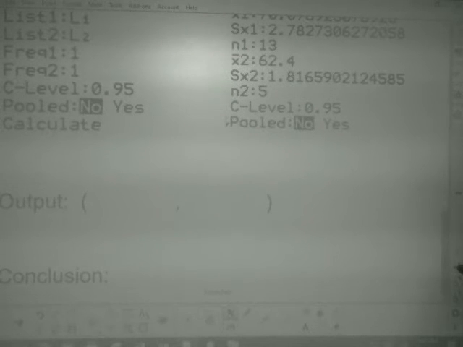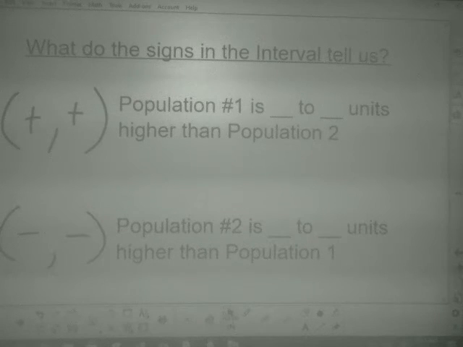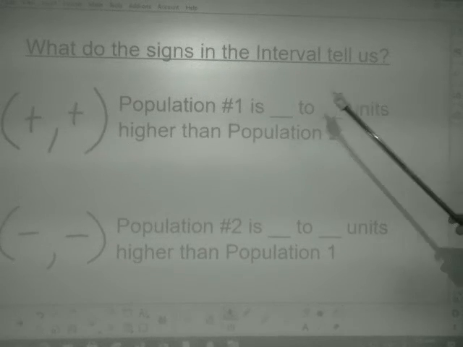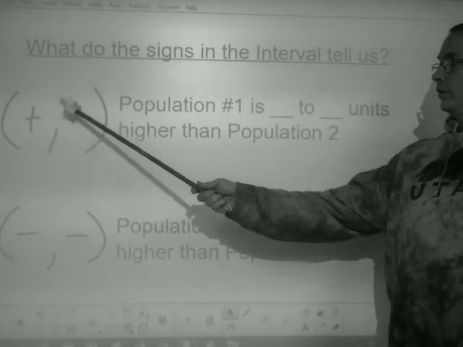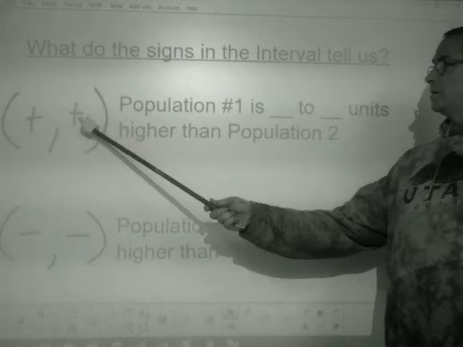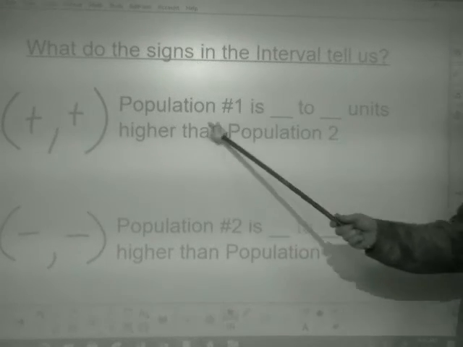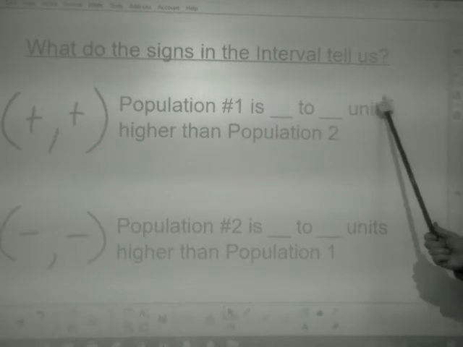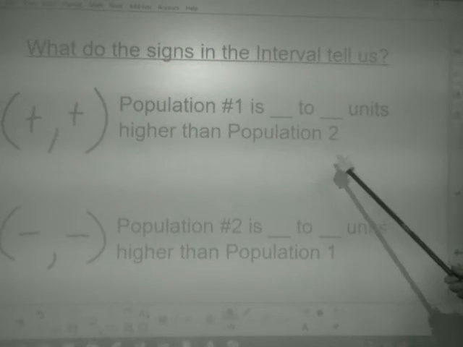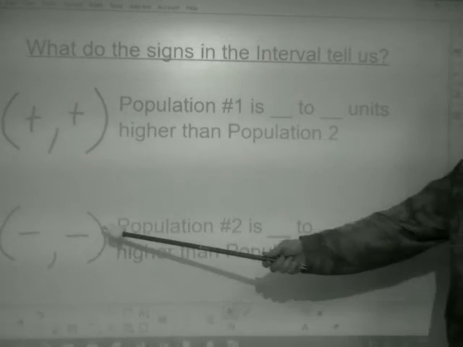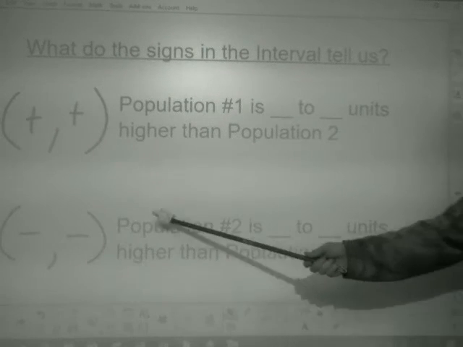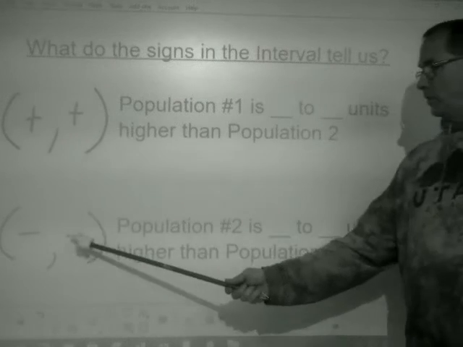Our conclusion, though, is based on this same chart that we had last time. What do these signs tell us? So again, if both of the numbers in our parentheses are positive, then whoever population 1 is, this number to this number, with its units, higher than population 2. If they're both negative, then whoever population 2 is, this number.